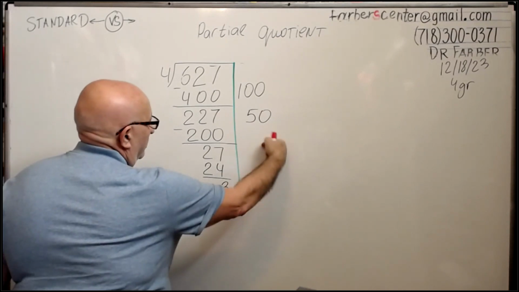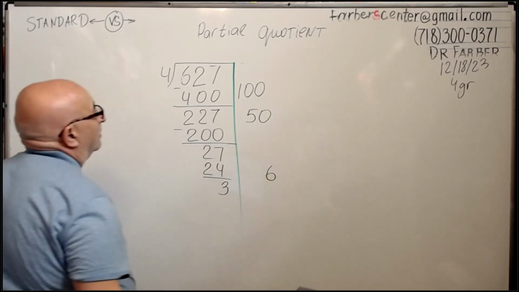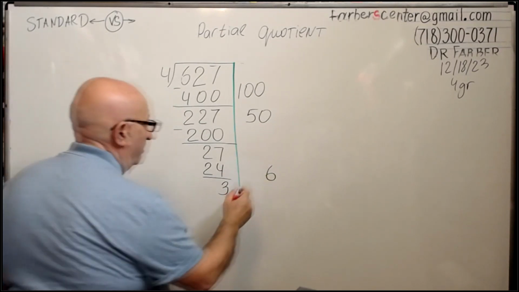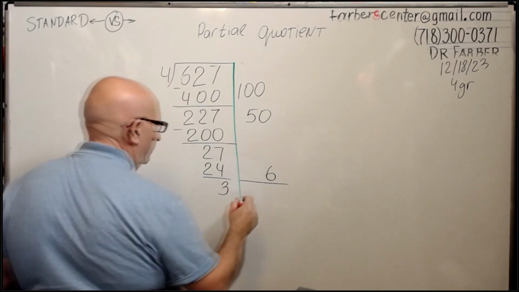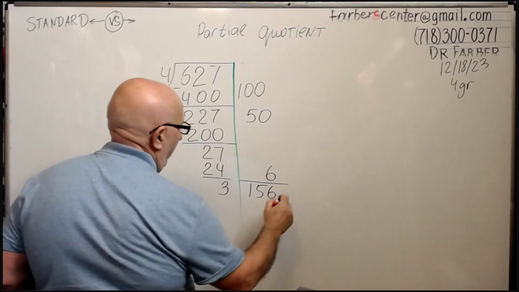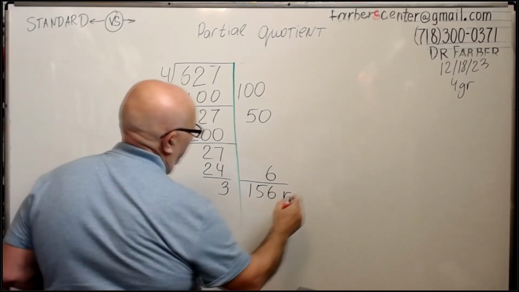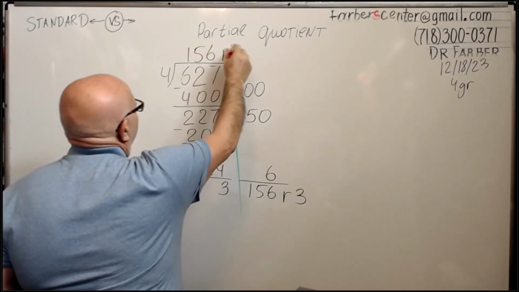Okay, let me write 6 within this line. Okay, add them up. 156. And remainder 3. You can write here 156 remainder 3.